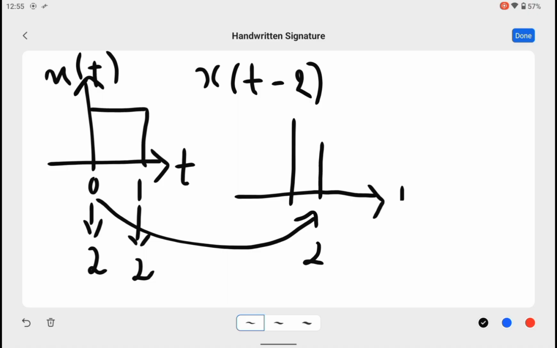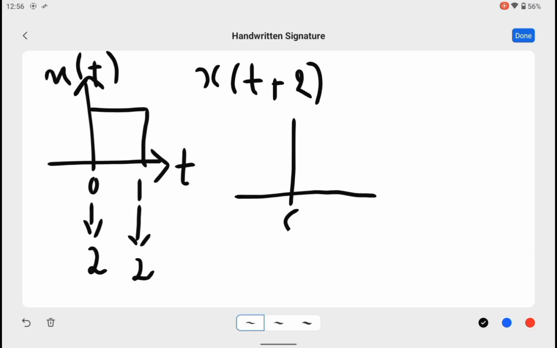This is going to be my time period. If I add 2 to 1, I'll get 3. So the signal will move to the place of 3 here. If the amplitude here is 1, the same amplitude will remain. And if I am going to move it as x of t plus 2, in that case I'm going to move it in the negative direction by 2.